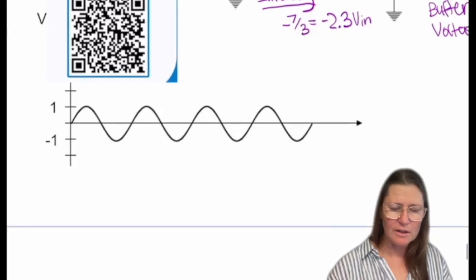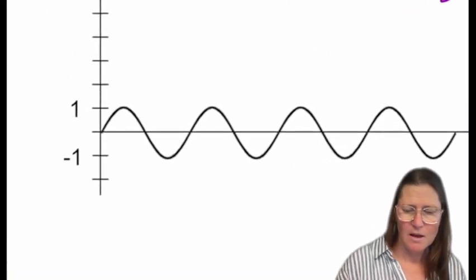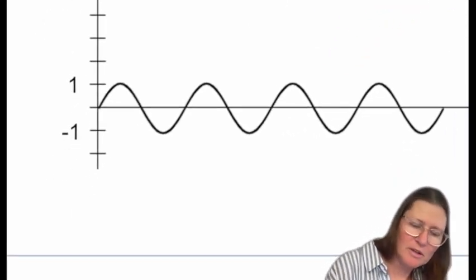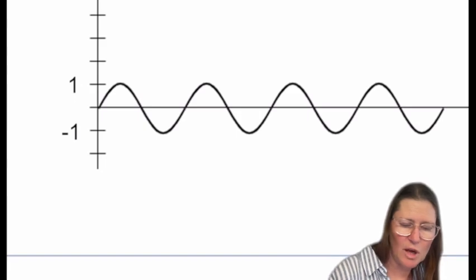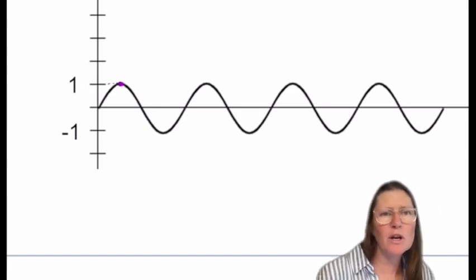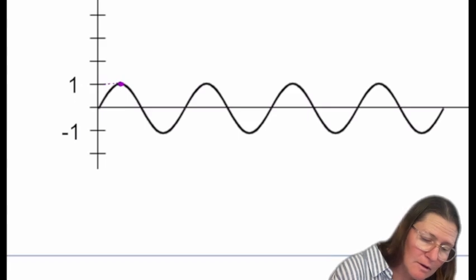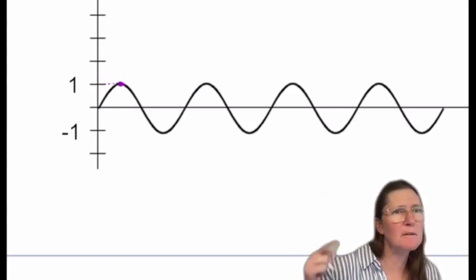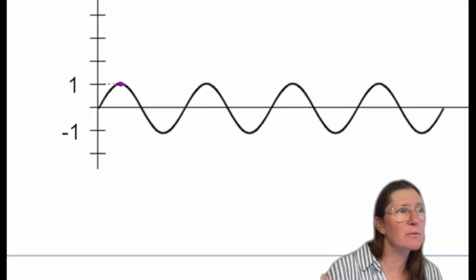So graphing this, if my output is based on this input, then when I have an amplitude of 1, where am I on this graph? When I have a +1, my output's going to be negative 2.3, correct?